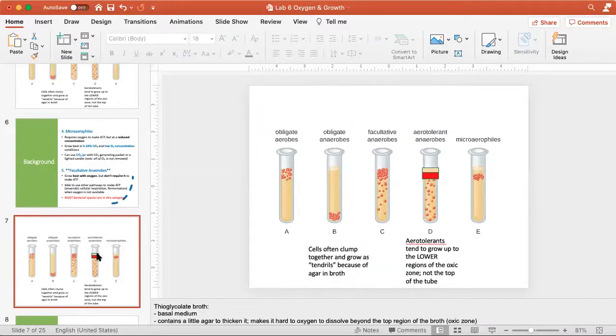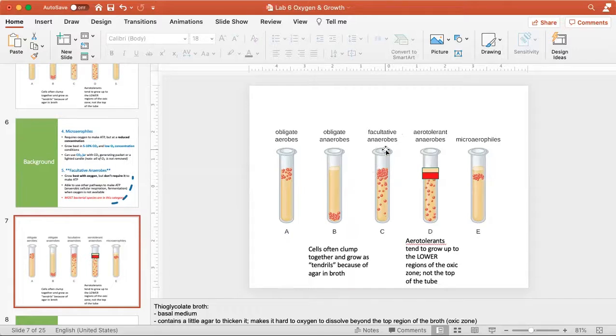All right, so if we go back to our tubes, this is how a facultative anaerobe grows in thioglycolate. The best growth, the most growth, is going to happen in the oxic zone. That's what you're seeing right here. They can also grow in the rest of the tube, but the best growth is going to be all the way through the oxic zone.